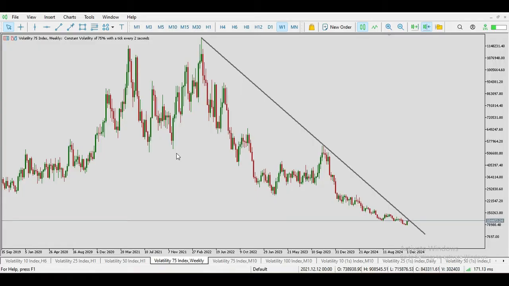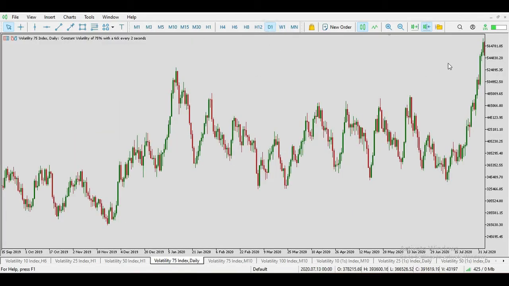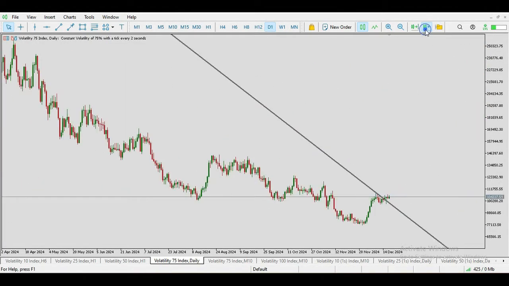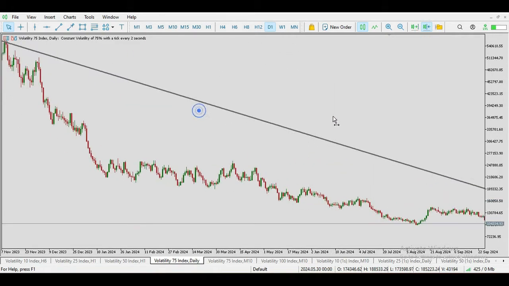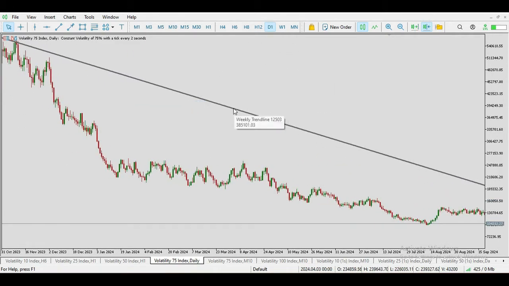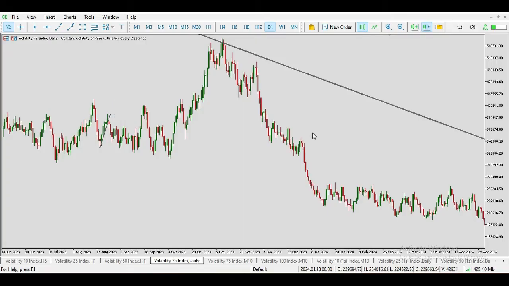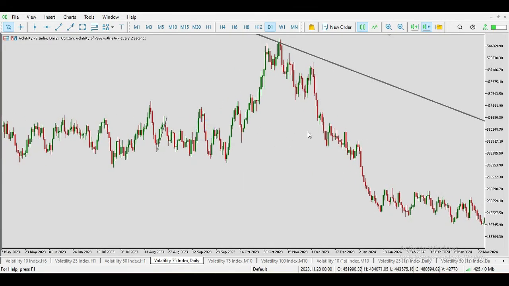You don't need to complicate anything, just follow the simple rules, right? Now we've already discovered that the market is on a downtrend. The next step we need to take is going to our daily time frame. Now we can easily see our weekly trend line, the one we initially drew, right?